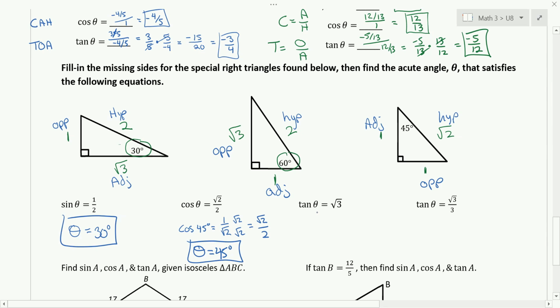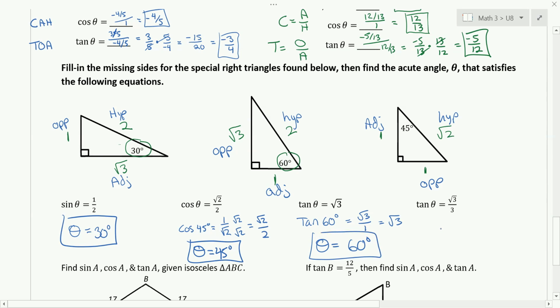You're saying 60? Okay, so let's try it. So tangent, if we have 60 degrees, tangent is opposite over adjacent, so opposite is root 3. Adjacent is 1, and that simplifies like I want it, so theta is 60. So I know this last one's not 60.